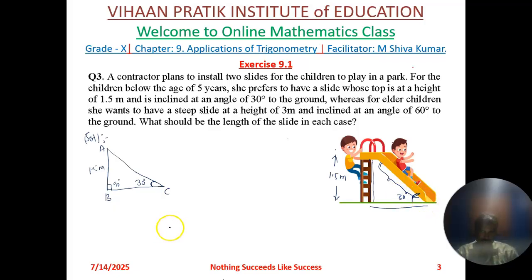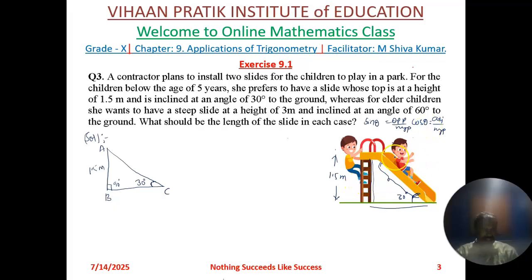Again students, we have 3 trigonometric ratios which we have already discussed: sine theta is opposite by hypotenuse, cos theta is adjacent by hypotenuse, and tan theta is opposite by adjacent.